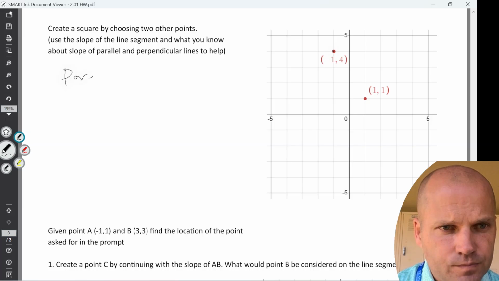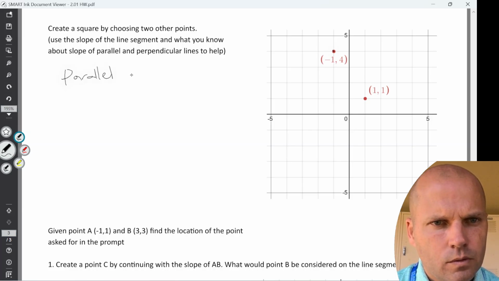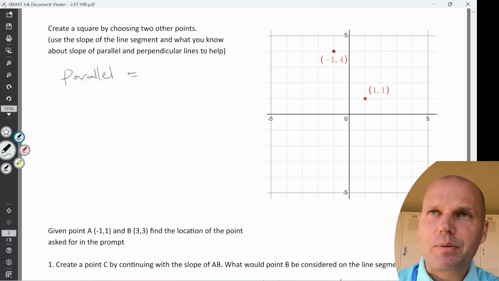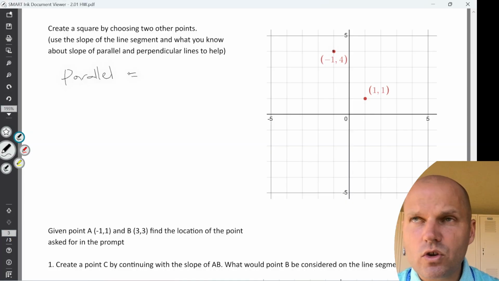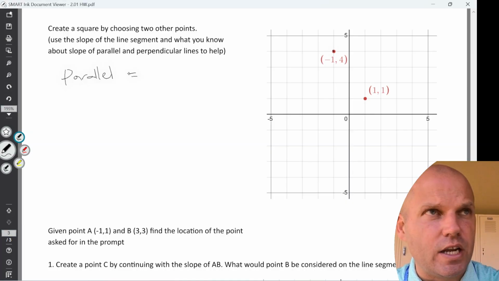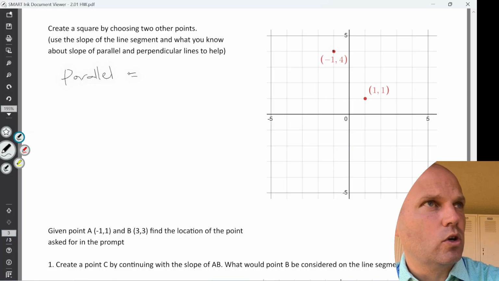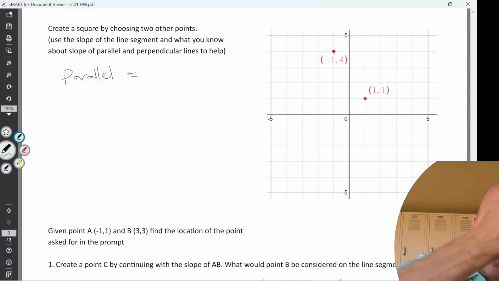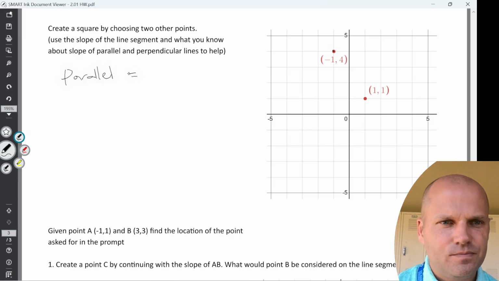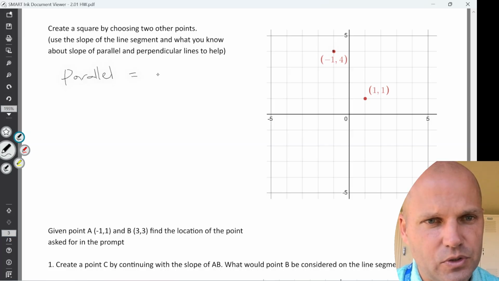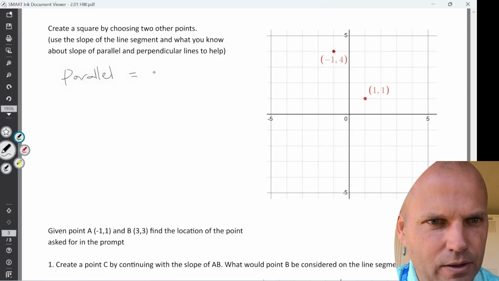Perpendicular lines have opposite reciprocal slopes. It ends up being this symmetry of, if you go up 4, right 3, well then you will go left 4, up 3 to kind of go at a 90-degree angle. So opposite reciprocal slopes. I'm just writing down right now, parallel lines equal slopes.